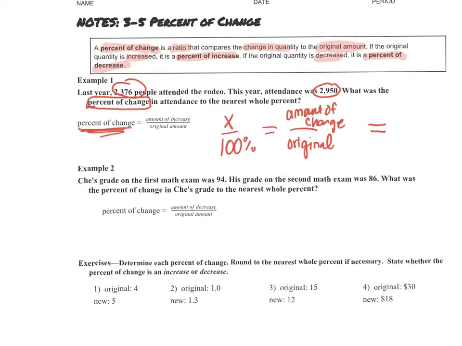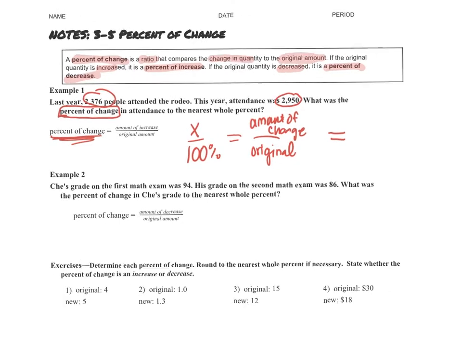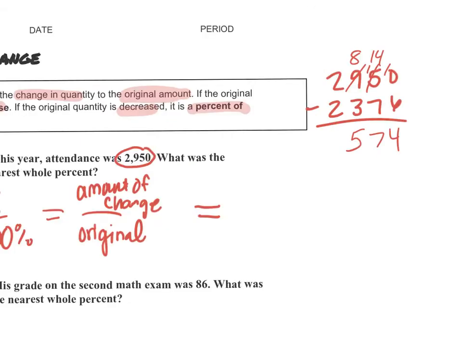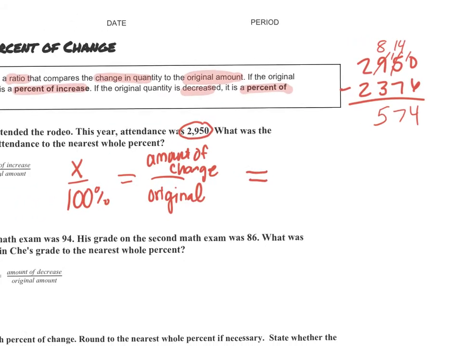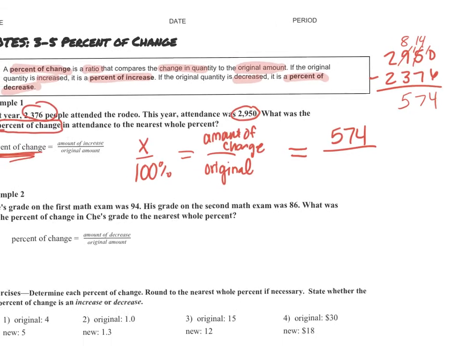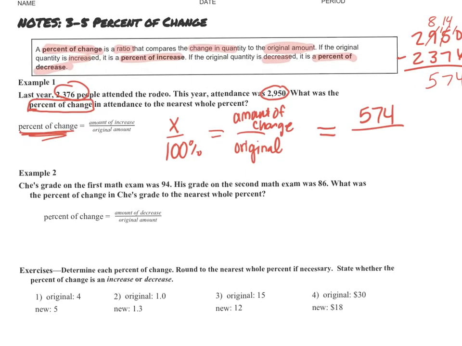I don't want to deal with any negatives because we're dealing with percents, so whatever your bigger number is, in this case the second number, goes on top. We get 574, so the population increased by 574 people. And that goes on top of the original amount, which is the first number they gave you, 2,376.